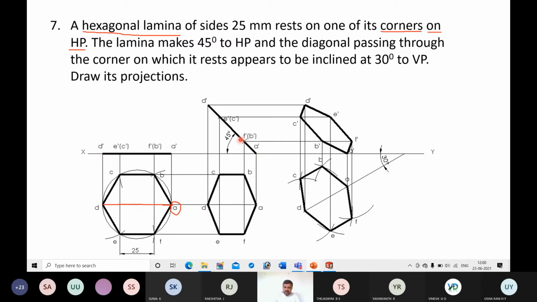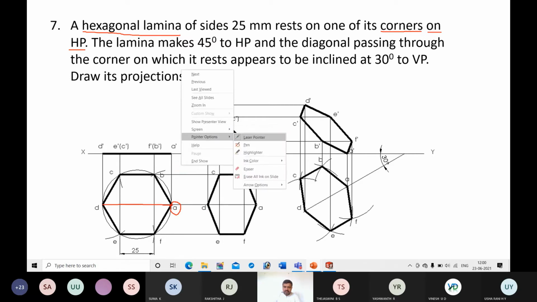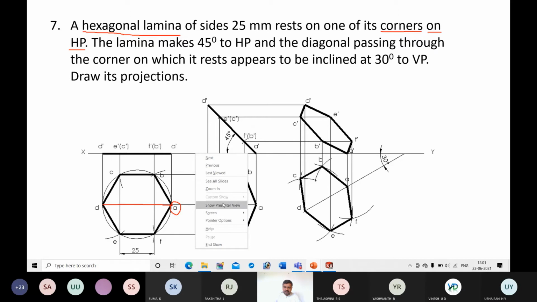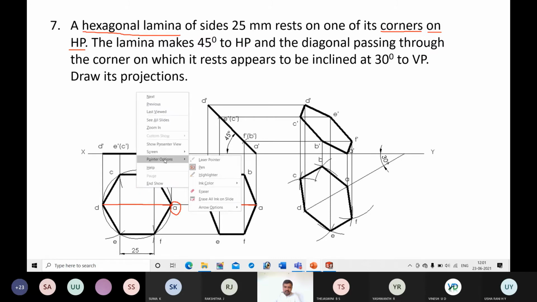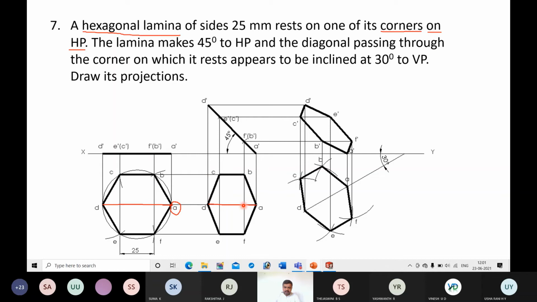Now because of inclination, if you look at the length of the same AD, whether it is the same or it got reduced? It got reduced. Actual length is this much. Visually you can identify the length of AD got reduced.